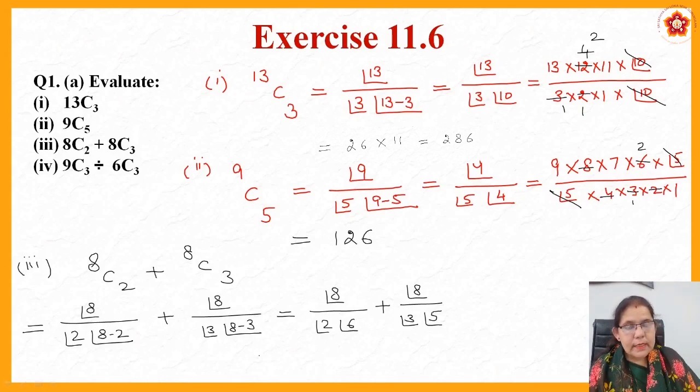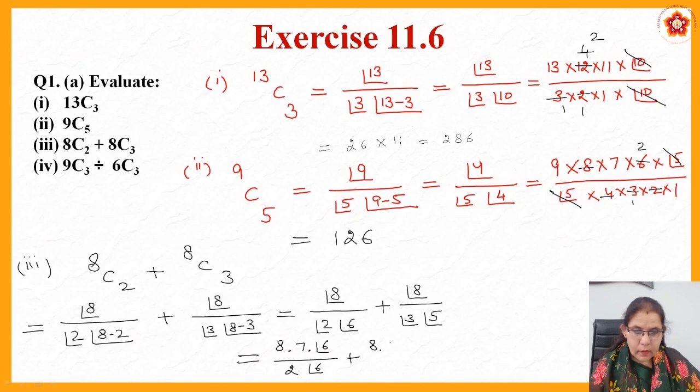So try to solve this. Let me write it. 8 into 7 into factorial 6, and factorial 6 will get cancelled. And here we have 2. Same way 8 into 7 into 6 into factorial 5, and factorial 3 is 3 twos are 6, and factorial 5 is written like this.